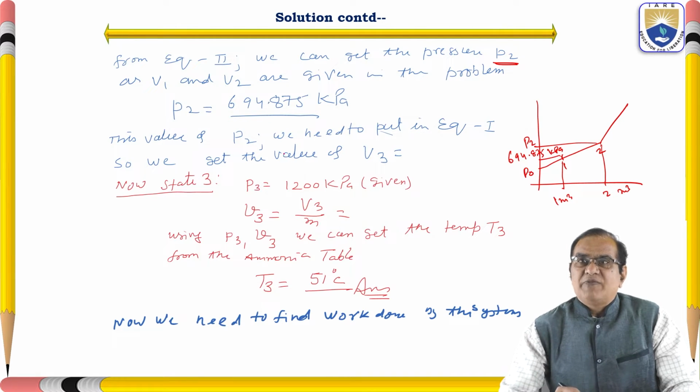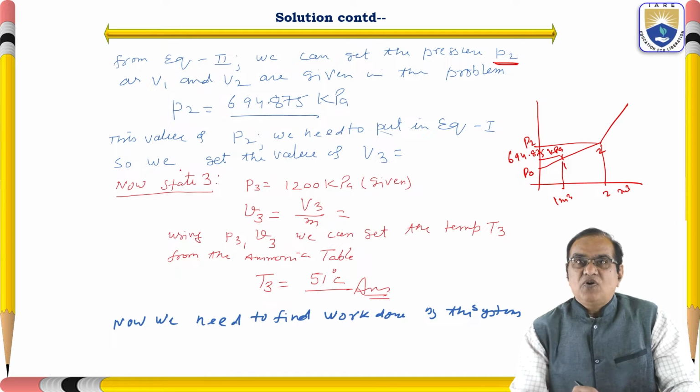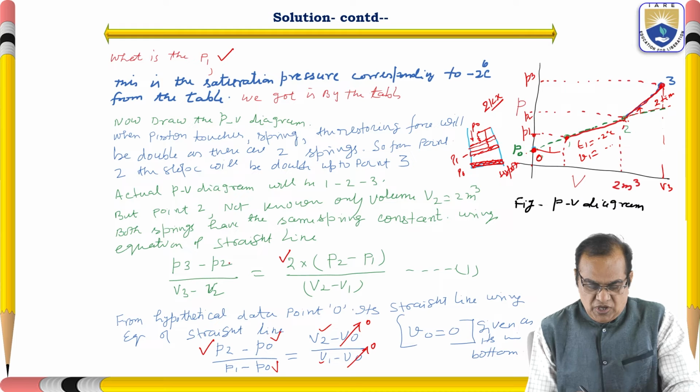So this value of P2 we need to put in equation 1, so we get the value of V3. In this equation now, we know the P2, we know the V2, V3.